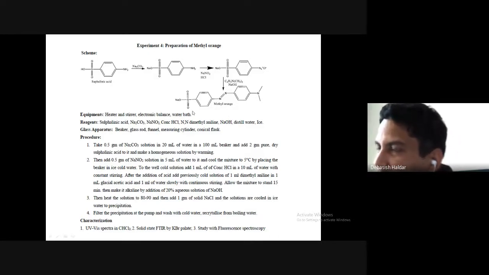Once we add sodium chloride, due to the common ion effect, the methyl orange will precipitate out of the solution. We'll collect and filter the precipitate of methyl orange, wash with cold water, and recrystallize from boiling water. That is how we can synthesize methyl orange, and now Sumon will show you the reaction mechanism.